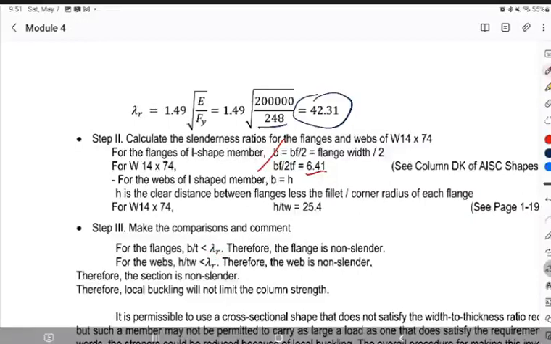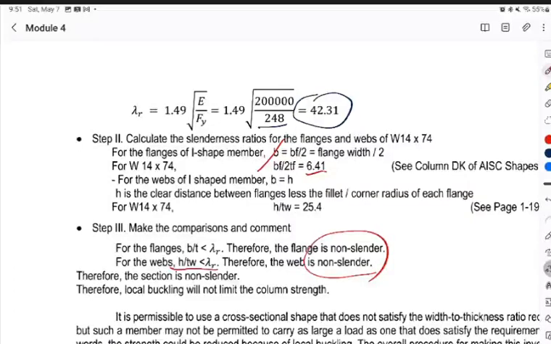And then for the webs, since it is also less than that, then our web is non-slender. So in such case where the flanges and the webs width to thickness ratios are less than lambda r, our section is non-slender, in which case hindi mag-govern ang local buckling.